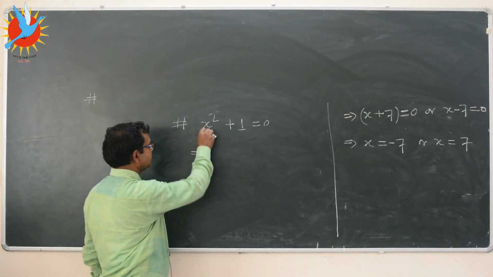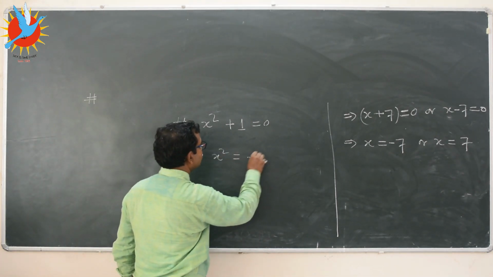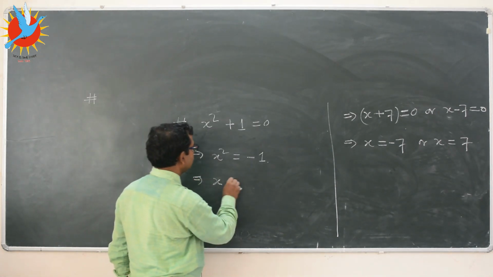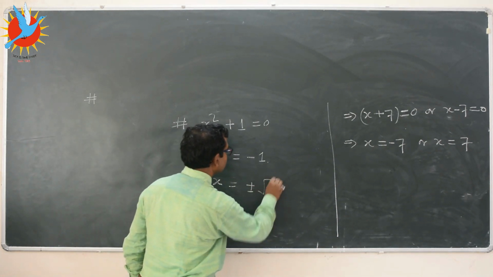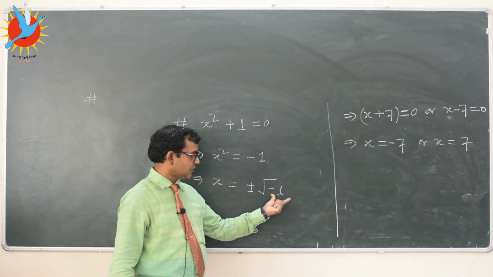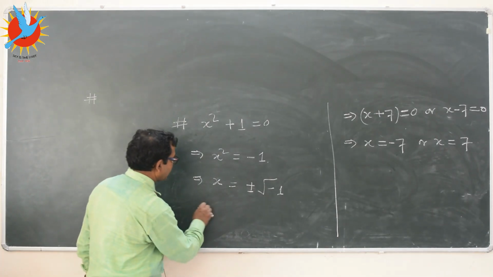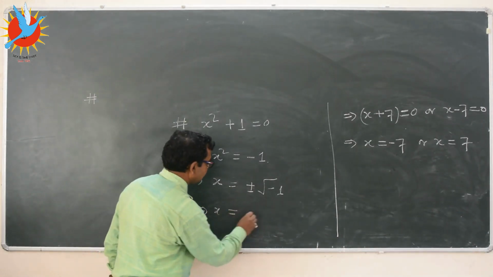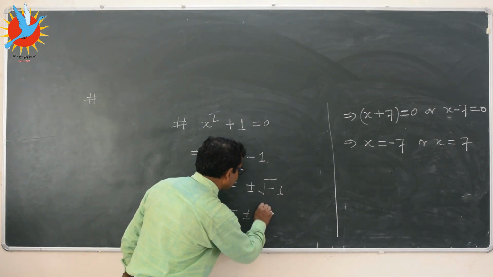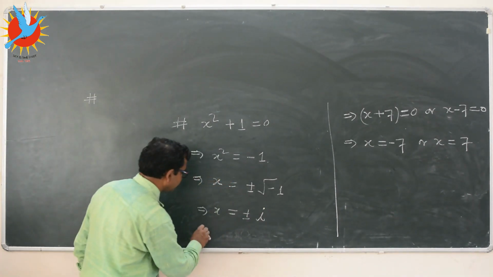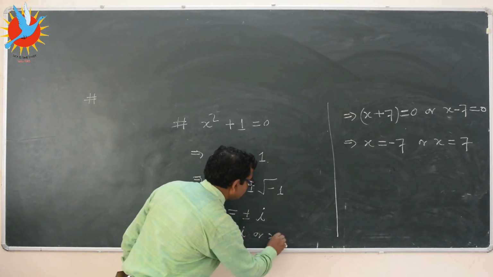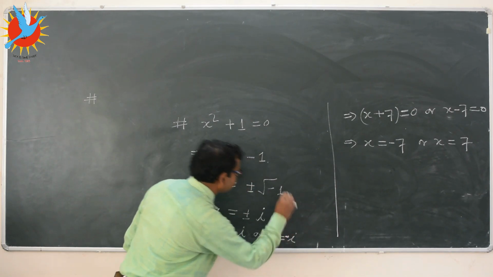It can be written as x square equal to minus 1, and therefore x equal to plus minus root over minus 1, and root over minus 1 is iota, small i, the imaginary number. Therefore this can be written as x equal to plus minus i. Therefore the solution of the quadratic equation is either x equal to plus i or x equal to minus i.